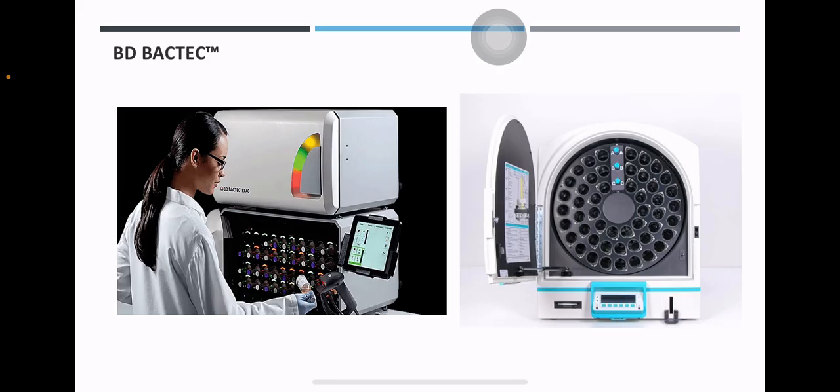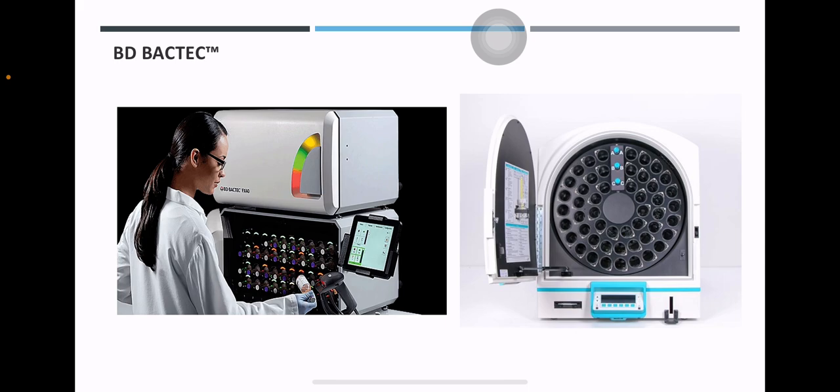Now we have another fully automated blood culture system under BD. When bacteria grow, they produce carbon dioxide. The carbon dioxide will react with a dye sensor, changing fluorescence, which is measured by a photodetector.